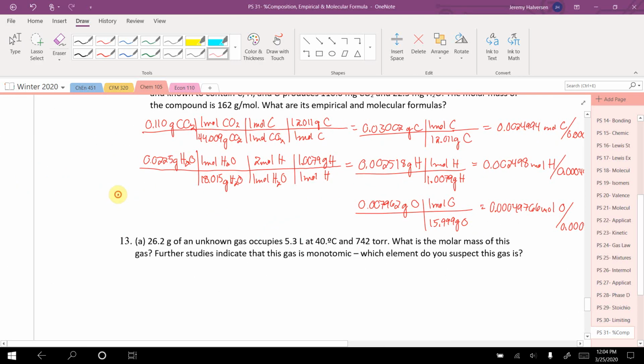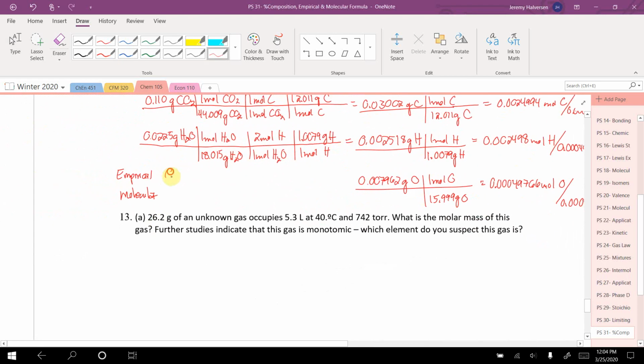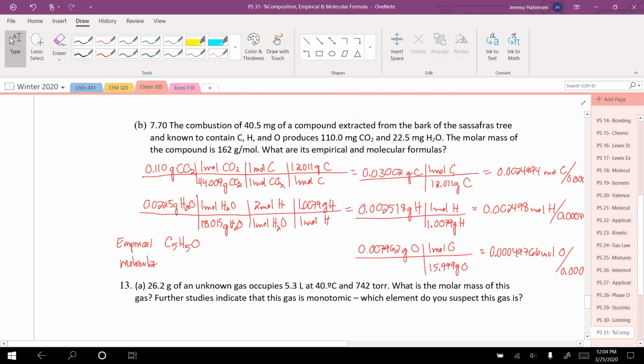So my empirical formula is going to be C5H5O. Okay, and then my molecular formula, this C5H5O has a mass of 81. This has a mass of 162, so what do I need to multiply by? Got to multiply by 2. So C10H10O2.